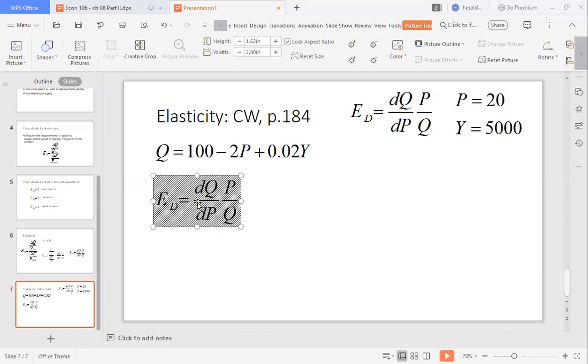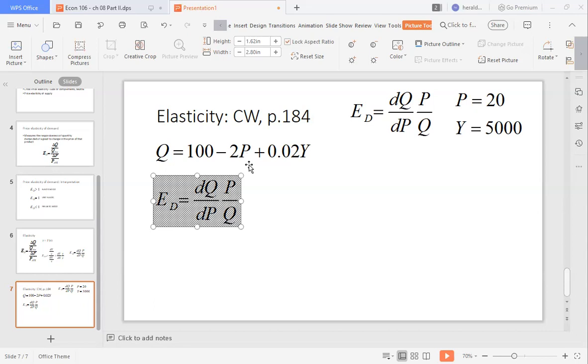So ED now is equal to dQ over dP, which is just getting the first derivative with respect to P. So that's the partial derivative, partial Q over partial P, which is equal to -2.